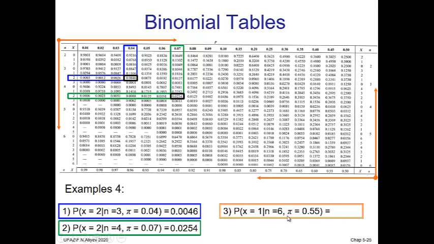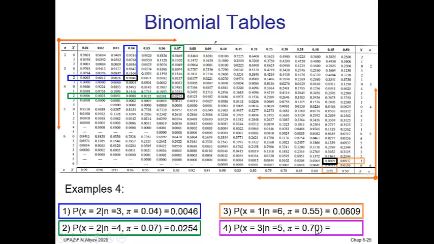Next example. Here, as you see, pi equals 0.55. If pi is more than 0.5, you should use this direction. Okay, 0.55 we have here, n6 we have here, x1 we have here. What is the intersection? This thing, 0.0609.